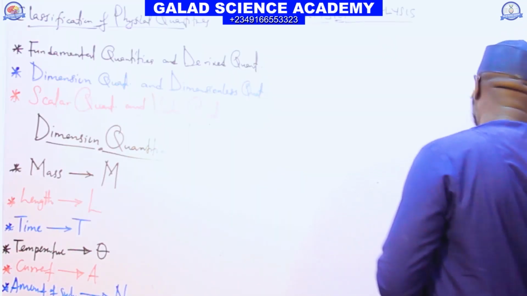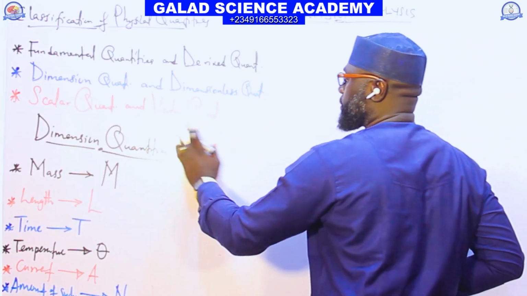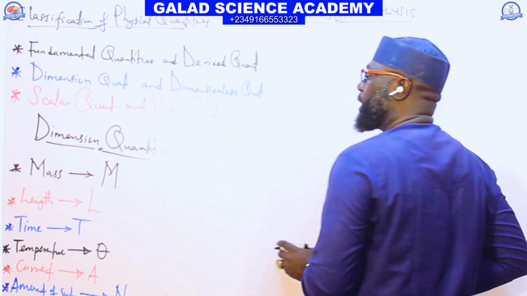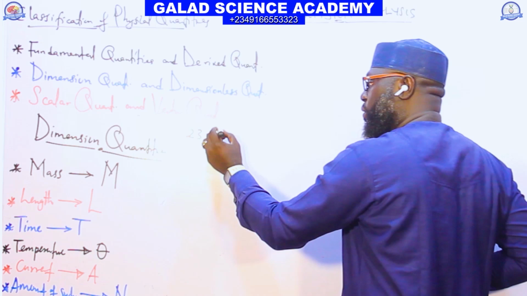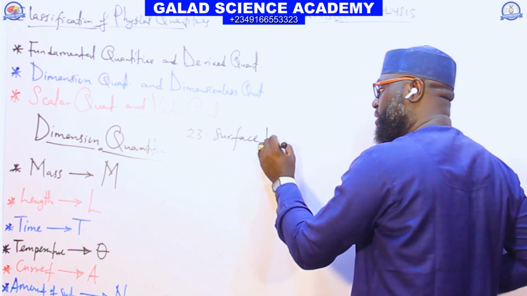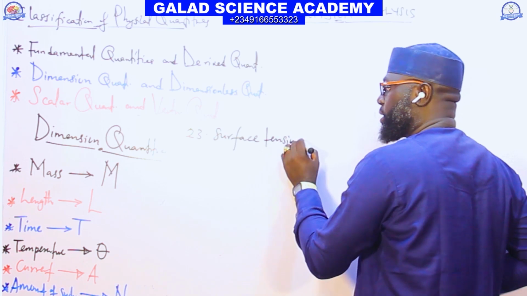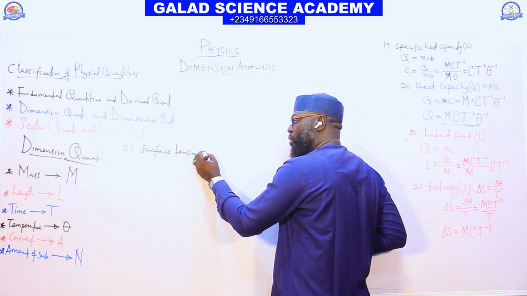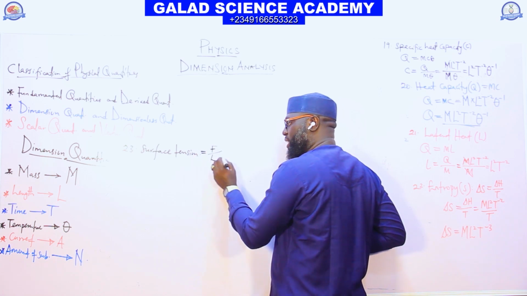Number 23: dimension of surface tension. Surface tension is force per unit length.